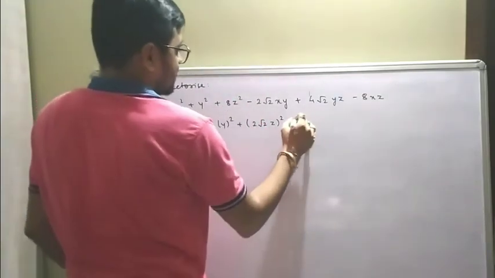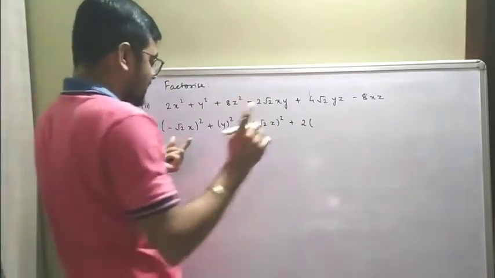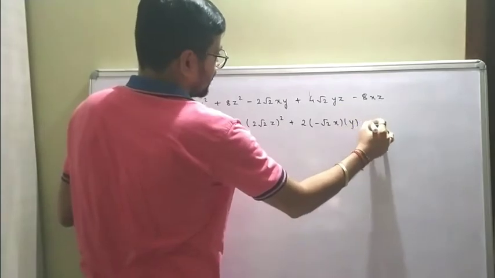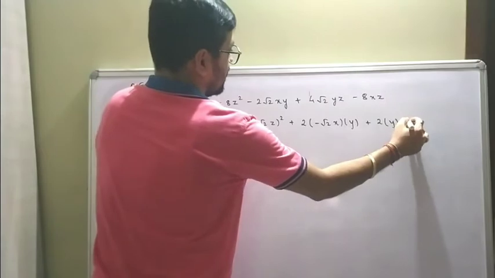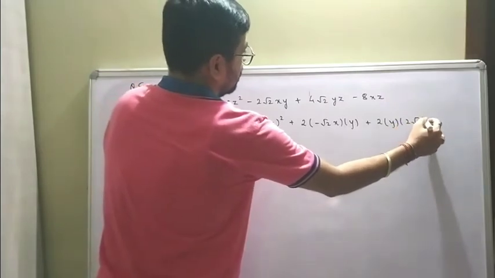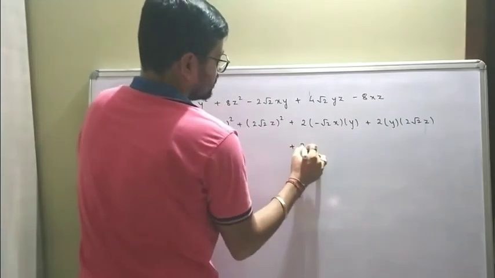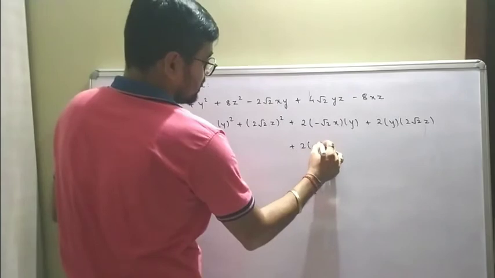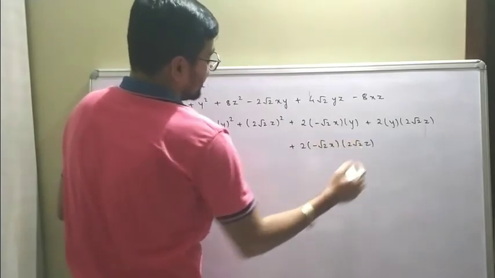Simple. Plus 2 times this into this, that is the product of the first two terms, root 2x into y, plus 2 times the product of the remaining two terms, that is y into 2 root 2 z, and plus 2 times the product of the first and the third term, which is minus root 2x into 2 root 2z.